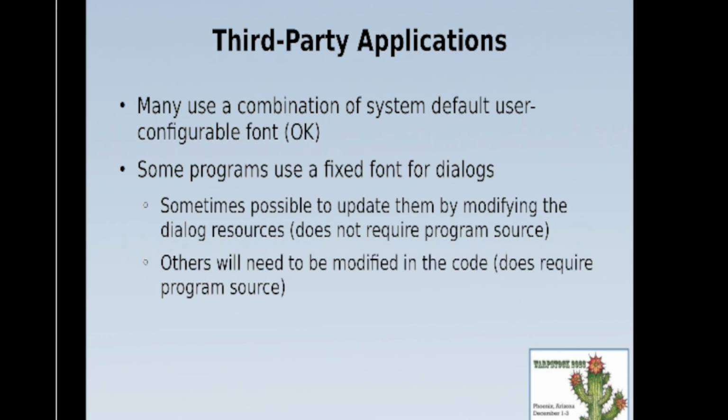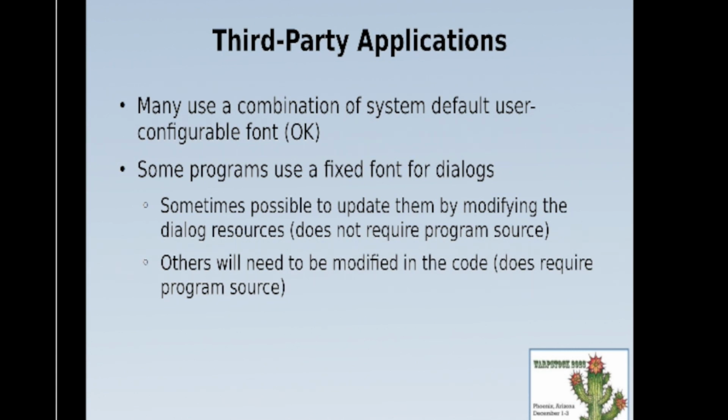But some programs use a fixed font for dialogues, and we saw that in Lucide just now. It's quite common for programs to use 9.WarpSans or 8.Helv. In many cases it's possible to update them just by updating the dialogue resources, which is what we've done with many other programs in the past.